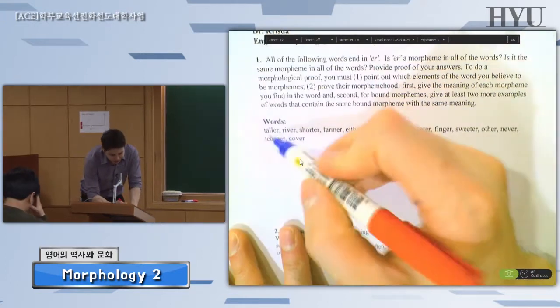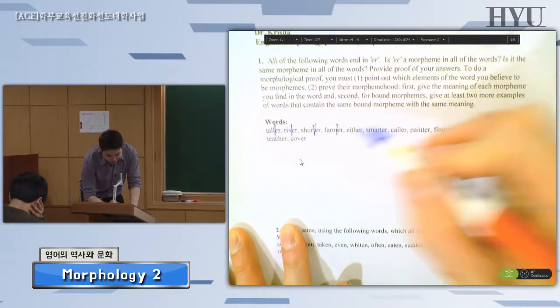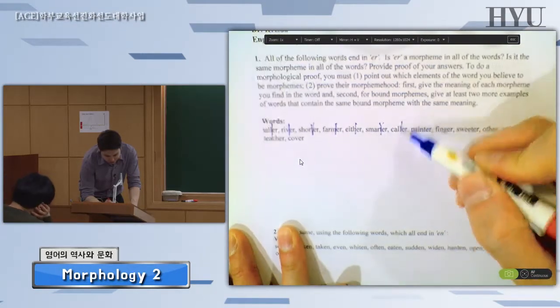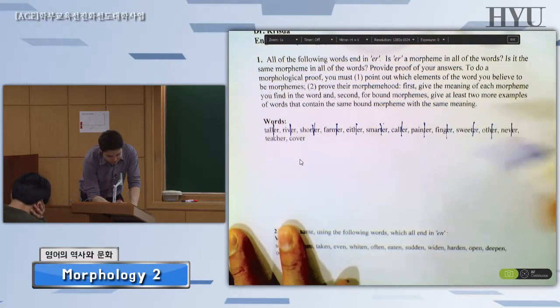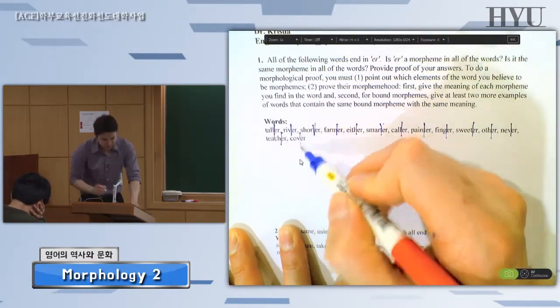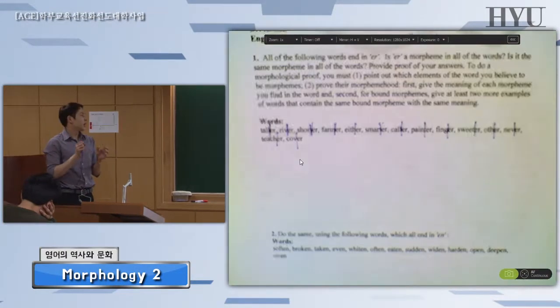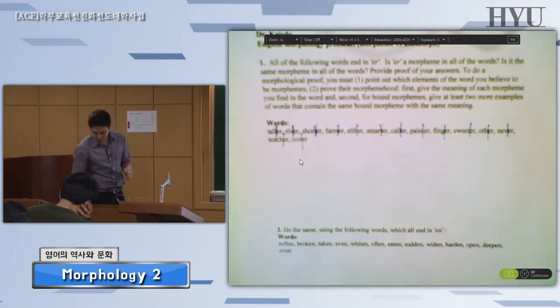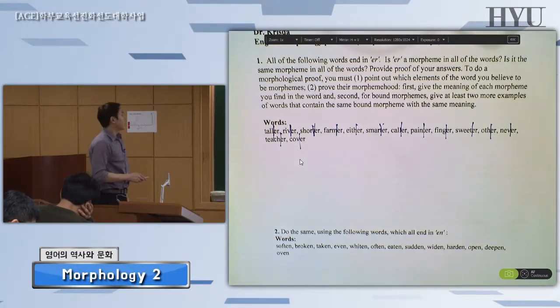So you can cut the morpheme first: ER, ER, ER, ER, like that. Then we can consider the meaning of each ER, what it contributes. So in taller, is the ER a morpheme or not?